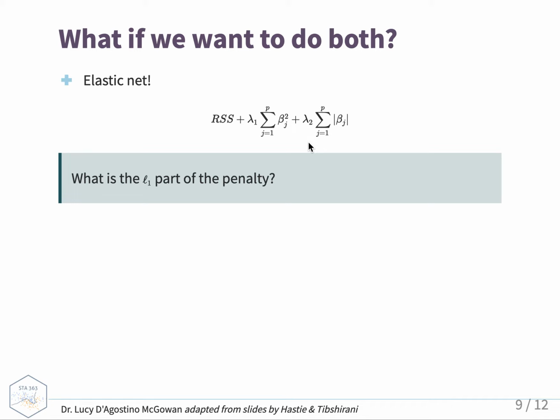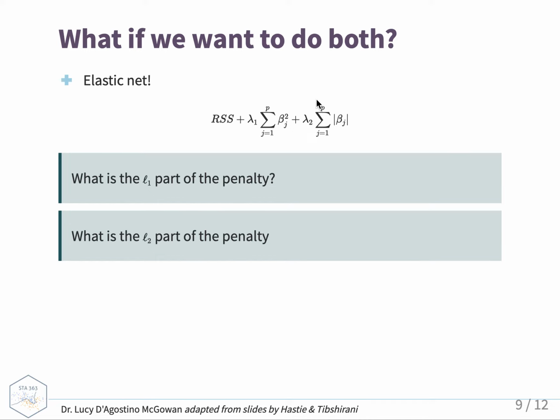So what is the L1 part of the penalty? Well, remember L1 corresponds to Lasso, so that's going to be this part here with lambda 2. And what is the L2 part of the penalty? That's going to be this part in the middle here, the part that looks like ridge.